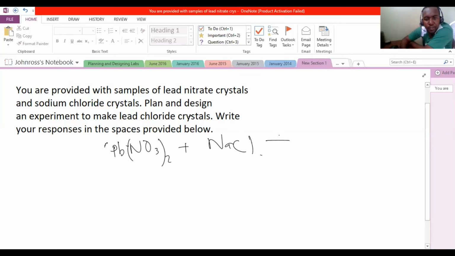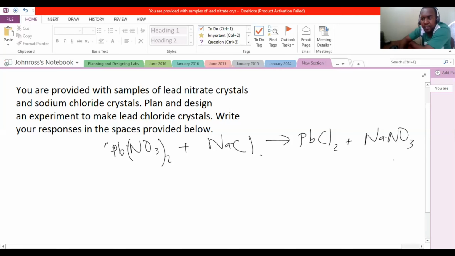And we need to produce one of the products that will be formed if we react both, which is lead chloride, and the next one produces sodium nitrate, which we're not concerned with. We just want to produce this salt right here. So, because PbCl2 is a salt, the topic that this covers would be salt preparation.